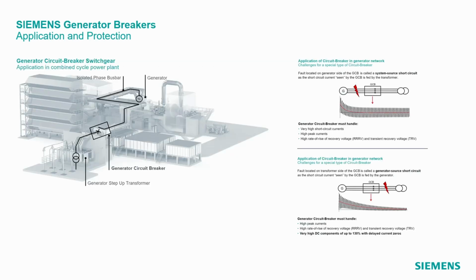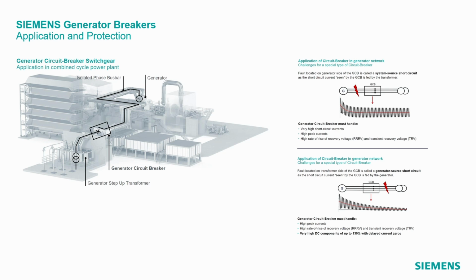The power plant, as learned, is producing power, and because the voltage is low, the current is quite high at the location before it is stepped up in the transformer. And in case of a fault there are very, very high short circuits, and as a result the generator breakers are very big in dimension, up to 2.5 meters high and, for 3 phases, up to 4.5 meters wide, and having a total weight of around 7,000 kilograms.